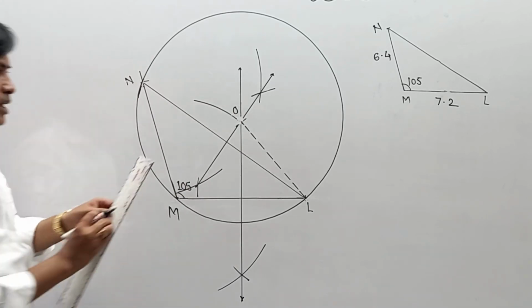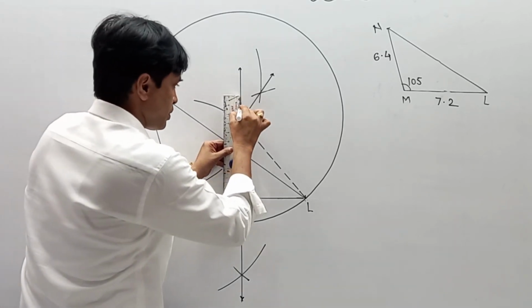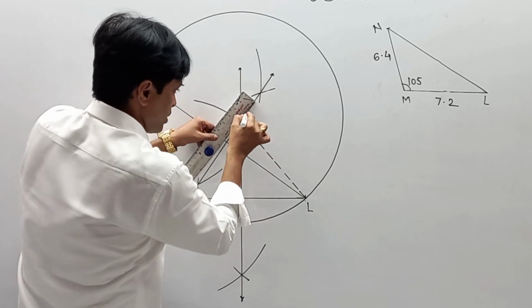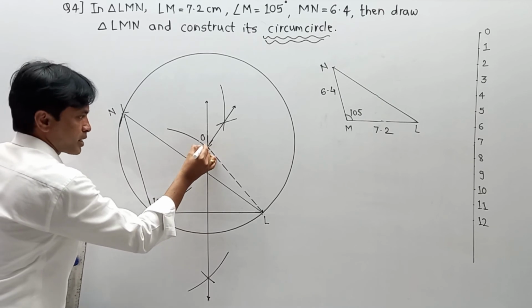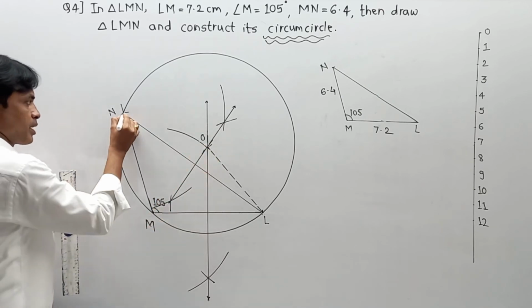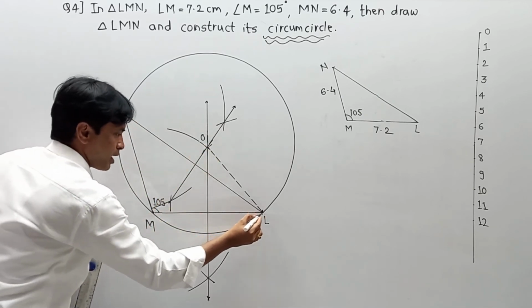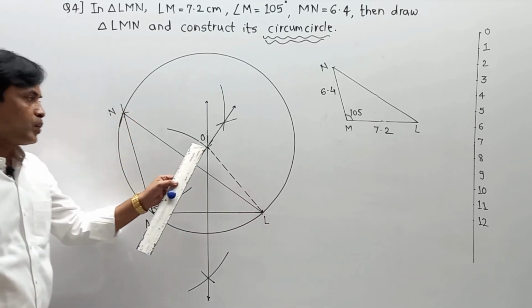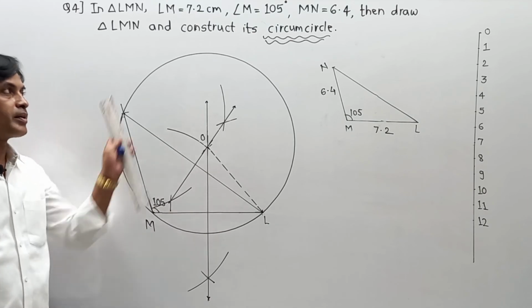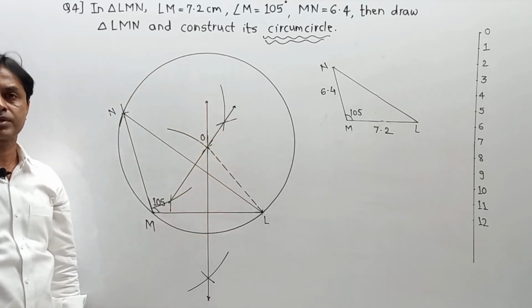Now this circle has center O. It passes through all the vertices, L as well as M as well as N, and O is the center of the circle. By this process you can draw the circumcircle.